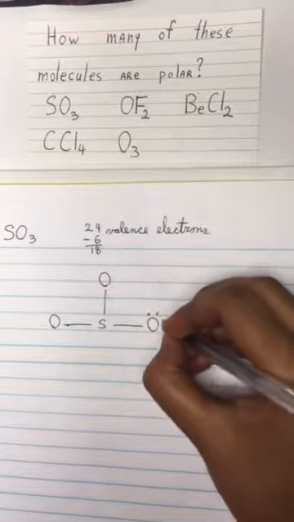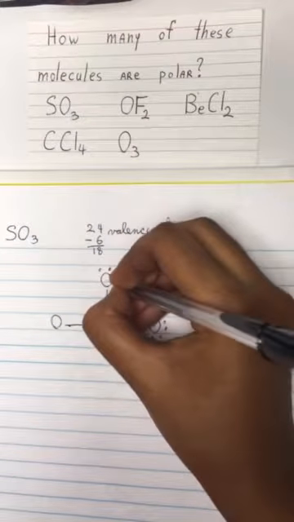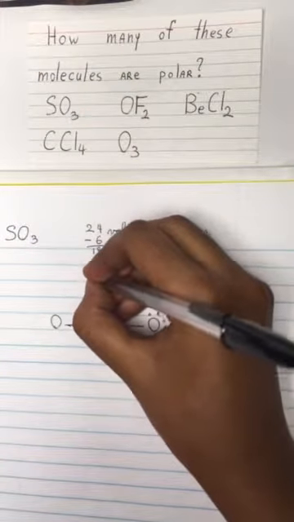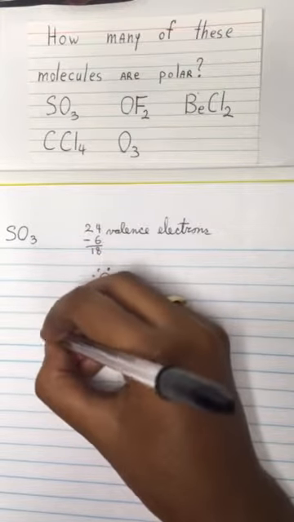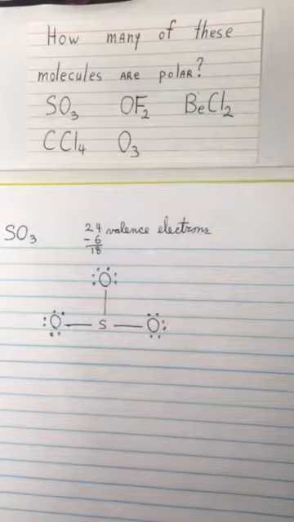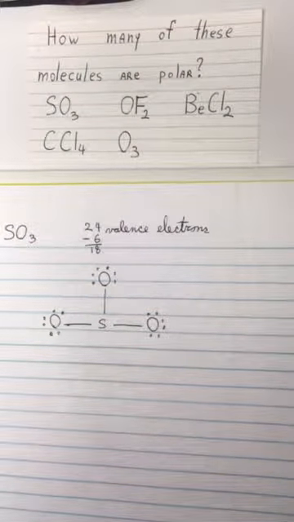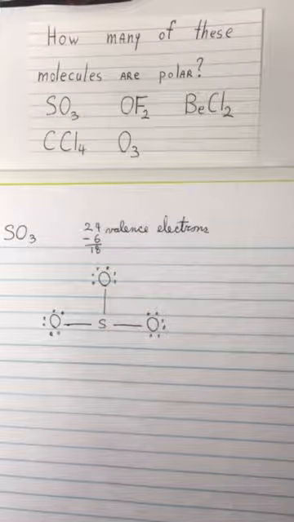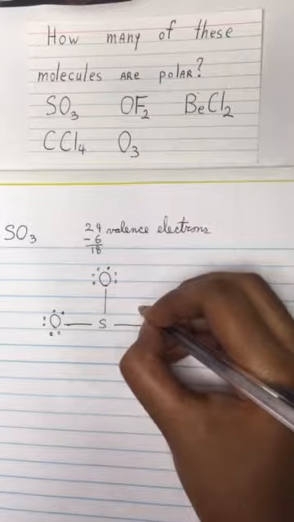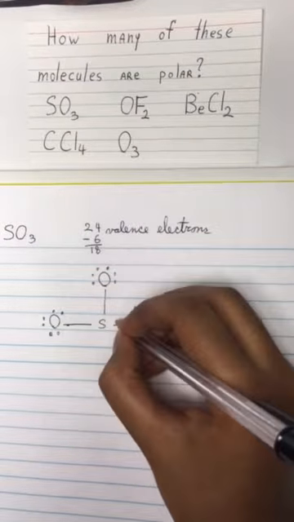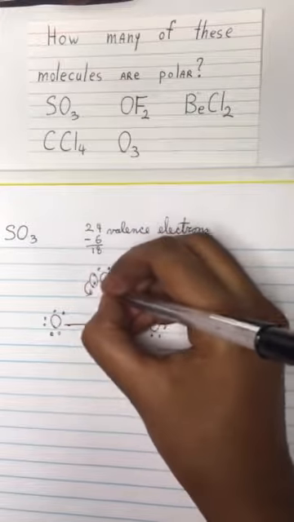1, 2, 3, 4, 5, 6, 7, 8, 9, 10, 11, 12, 13, 14, 15, 16, 17, 18. Since sulfur and oxygen both have a valence of 6 electrons, 2 electrons from each oxygen atom can make another bond with the sulfur atom.